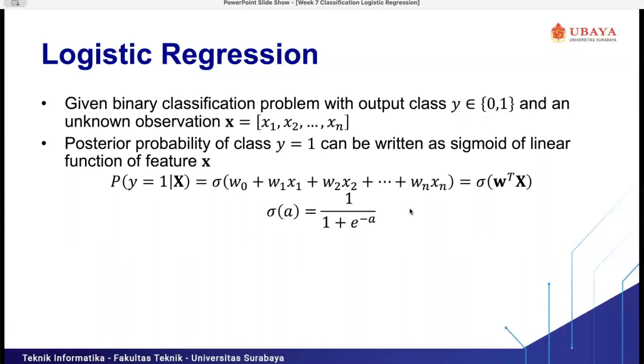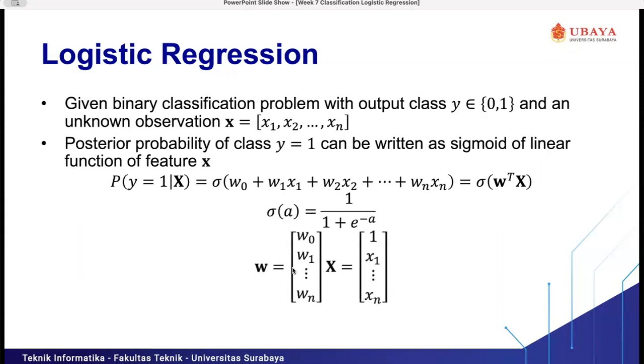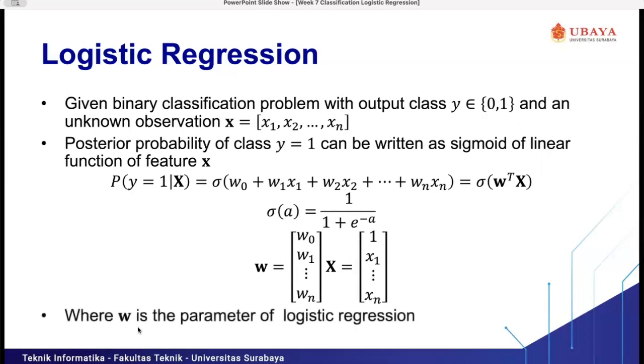We replace the A with W transpose X. So W will be W0 to Wn, where W0 is the bias, and for X, we multiply W0 by 1, which is the bias, then W1x1 up to Wnxn, where W is the parameter of logistic regression. So in logistic regression, we will choose the best W, which has the best accuracy. So the W will be updated.